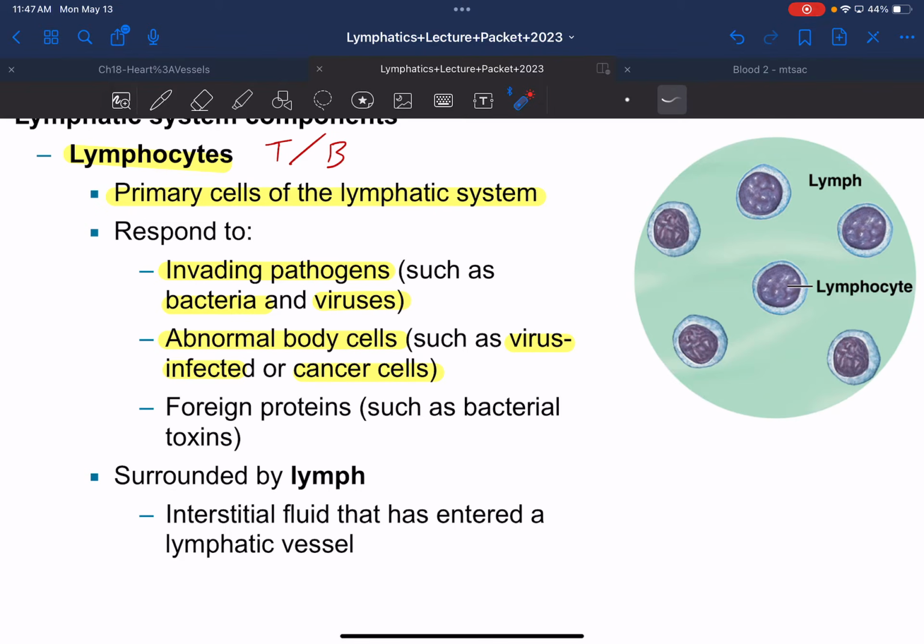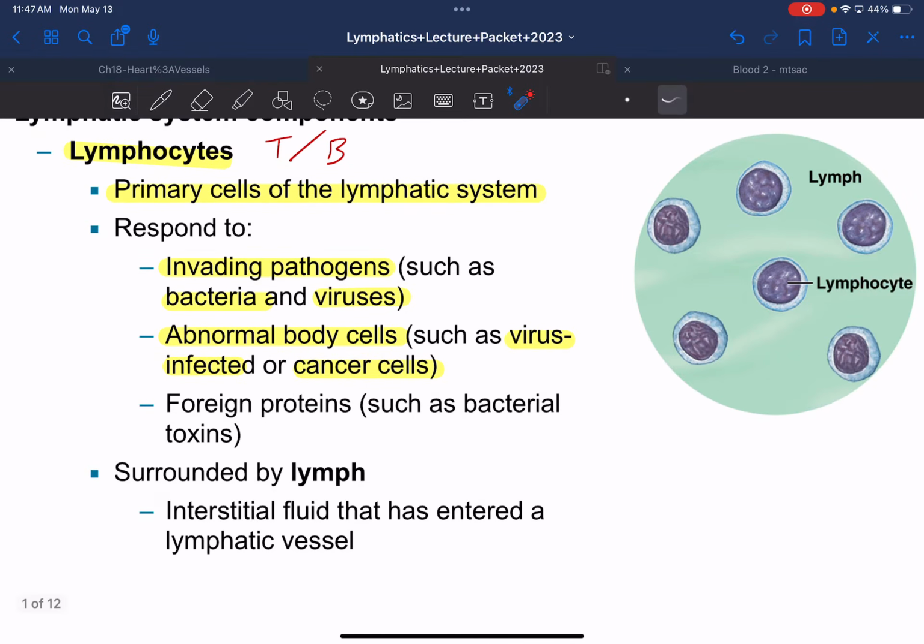And abnormal body cells, this is in the case of cancer cells, where we talked about certain cancers in this class, and that cancerous cells are cells that cannot regulate their mitosis anymore. They cannot stop dividing.